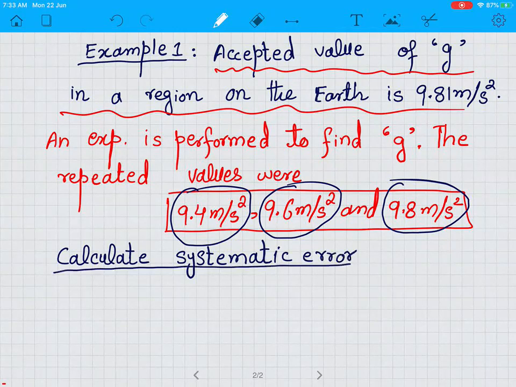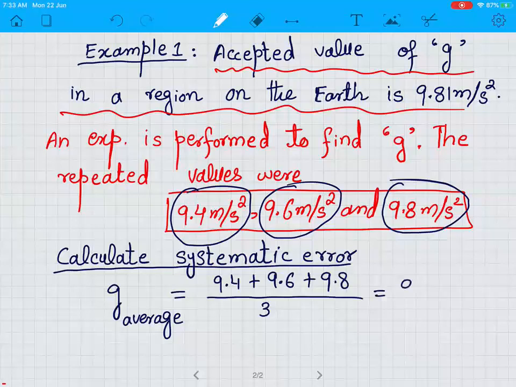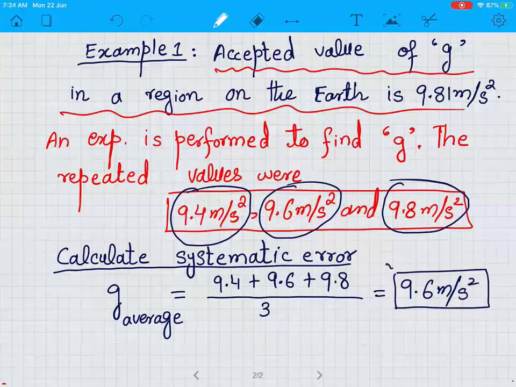Just for example, g average will be equal to, for the given values, 9.4 plus 9.6 plus 9.8 whole over 3, and it would become 9.6 meter per second square. So this is the average value of g. Now let's calculate the systematic uncertainty.